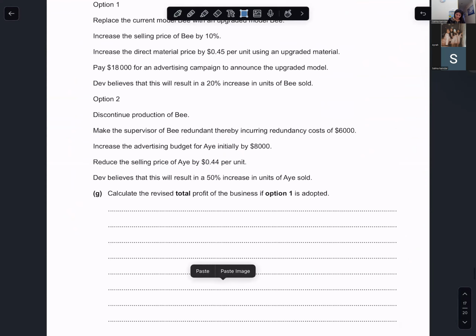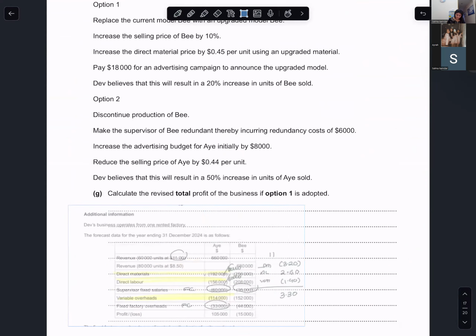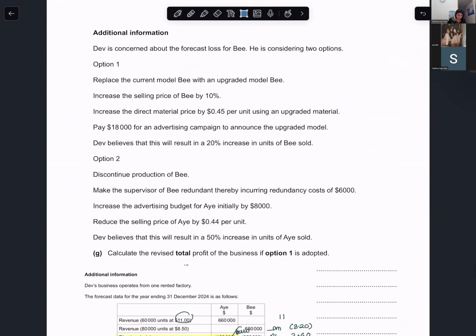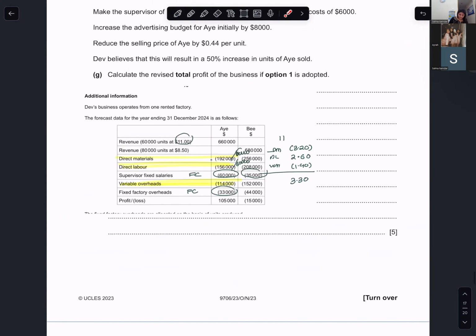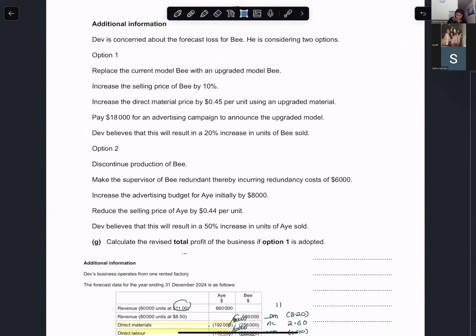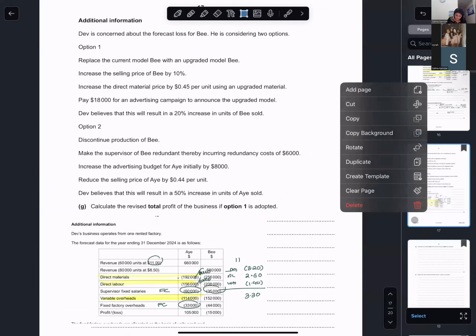Now what over here? You have option 1. Read the additional information, please. Option 1 is replace the current model B with an upgraded model B by increasing the selling price of B by 10%.